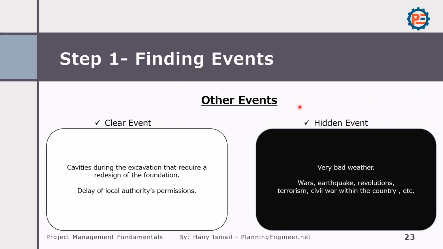Another hidden event that some people will ignore is very bad weather. You can ask for extension of time for the bad weather, wars, earthquake, revolutions, whatever act of God or something outside your control.